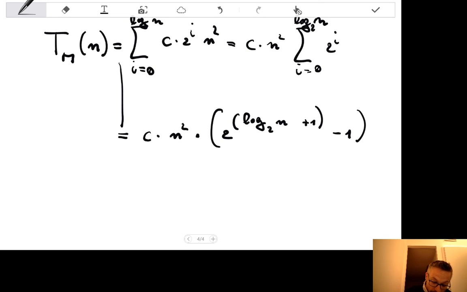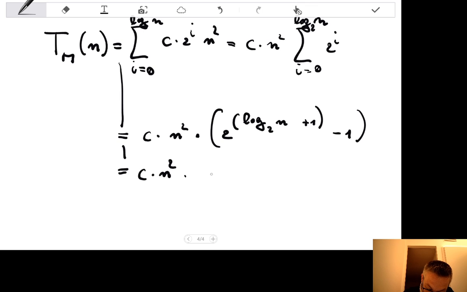Okay, and again by simplifying it we end up with c n square multiplied by, so here I'm simply evaluating this sum, which is basically 2 to the power of log base 2 of n plus 1 minus 1. Okay, this is a Gauss theorem, sorry, and so let me simplify it.